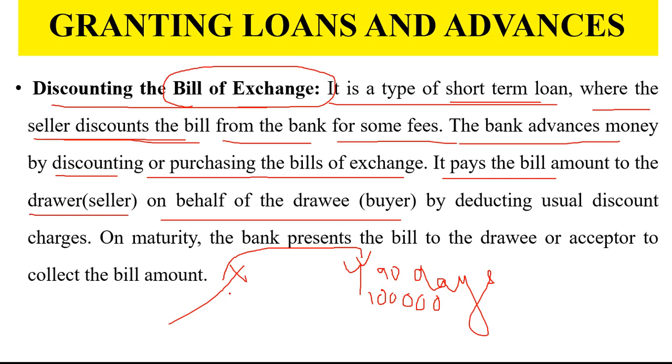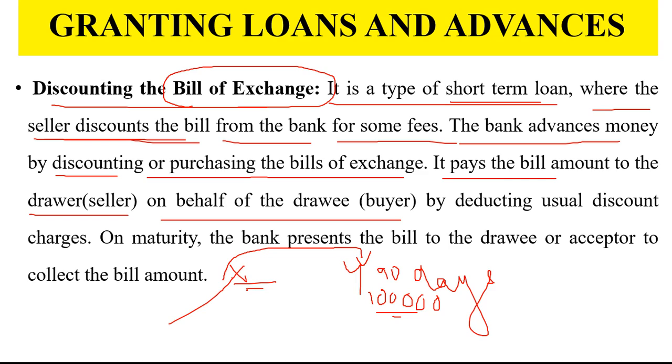The seller draws the bill on the buyer for 90 days, which means 3 months, of 1 lakh rupees. Now this bill he gives to the buyer. But in between this 90 days, the seller needs money. And the seller knows that he is going to get 1 lakh rupees after 90 days, but in between, he needs money.